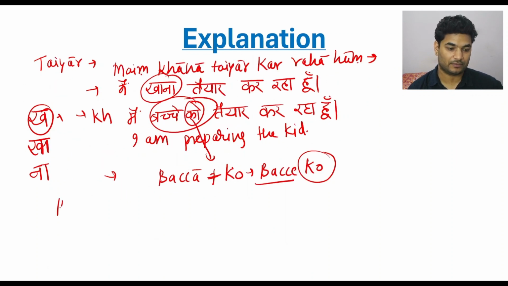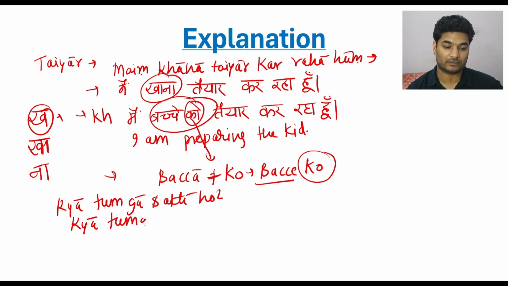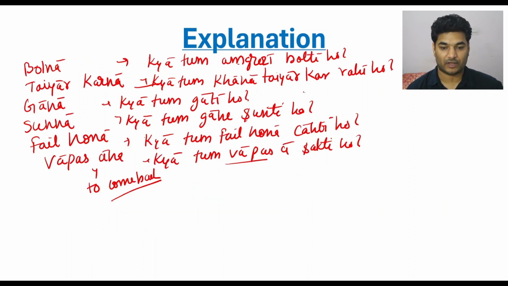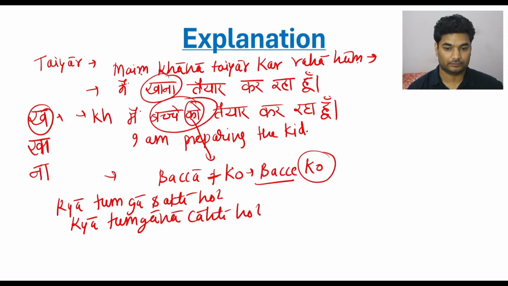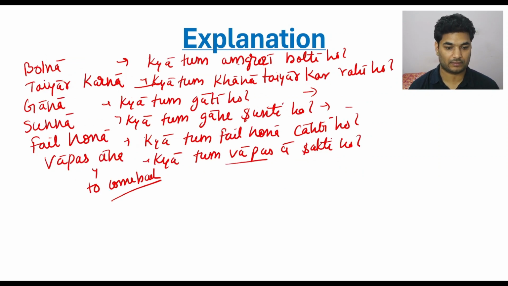Alright, then गाना. क्या तुम गाती हो? क्या तुम गा सकती हो? Can you sing? क्या तुम गाना चाहती हो? Do you want to sing? Alright, now we are making little complicated sentences. Alright, सुनना. क्या तुम सुन सकती हो?